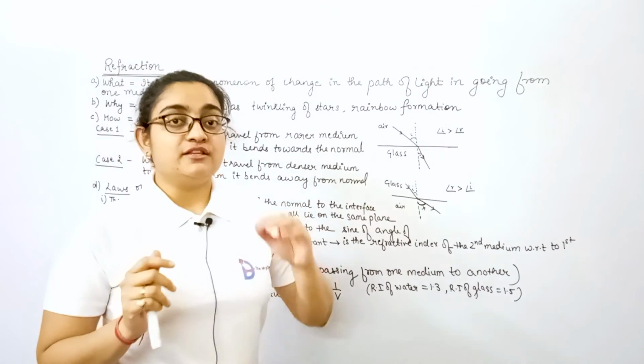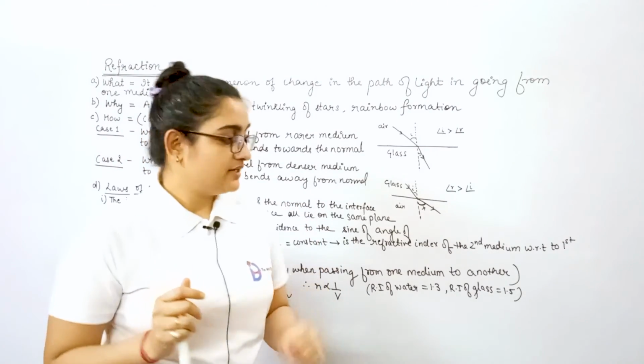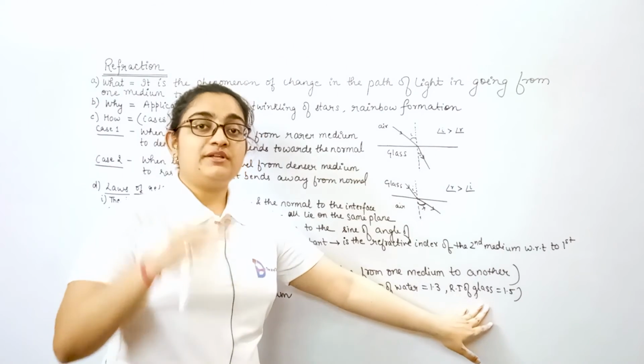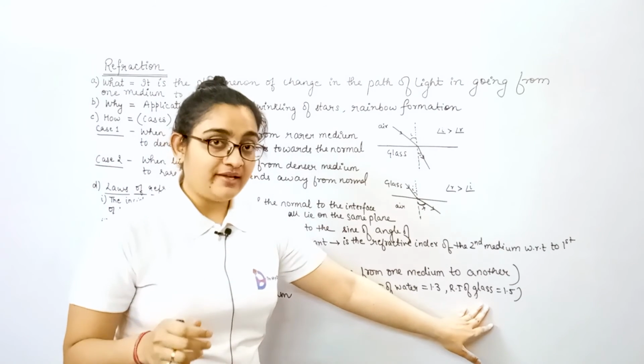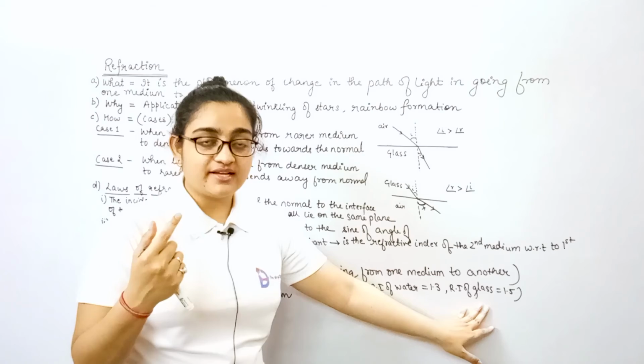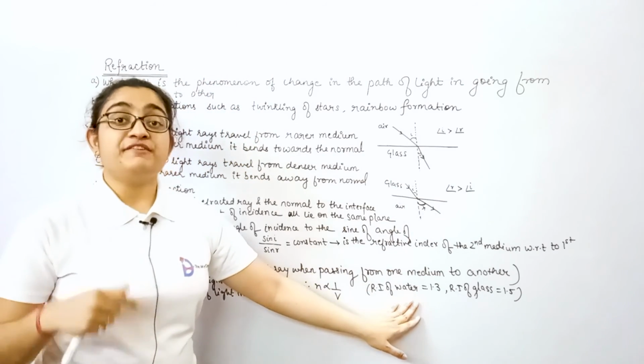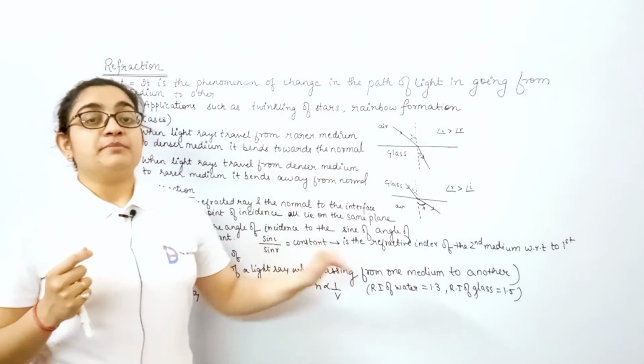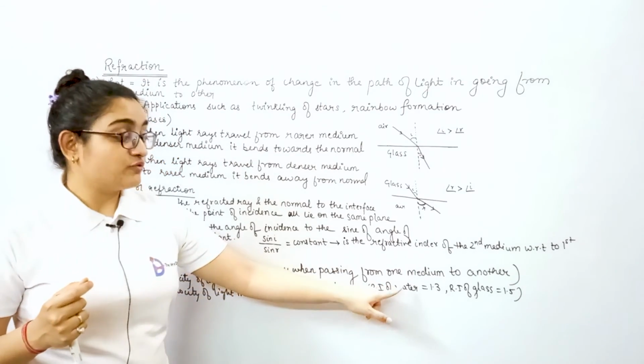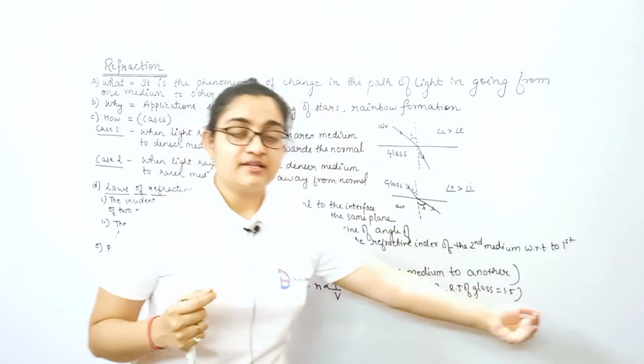Concept is clear. The velocity of light in glass will be slowed down. Why? Because the refractive index is higher. But in case of water, it will be faster. Why? Because the refractive index of water as compared to glass is lower.